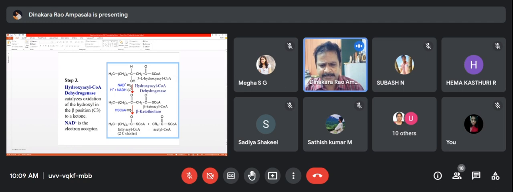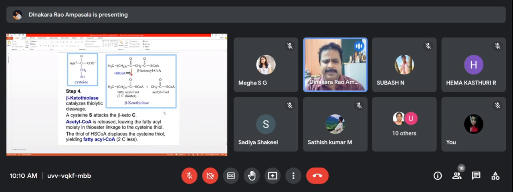So you get the acetyl-CoA molecule from the carboxyl group and alpha carbon cleavage, and coenzyme A will be attached already there. Another coenzyme A will be attached to the beta carbon. So you will get a fatty acyl group two carbons shorter, and another one is acetyl-CoA molecule. Okay, so this is the way beta oxidation occurs here.